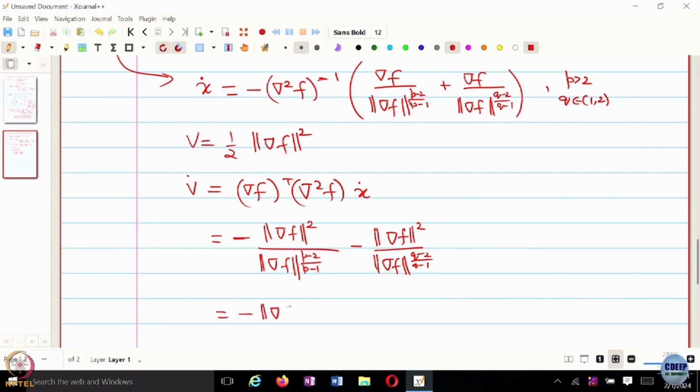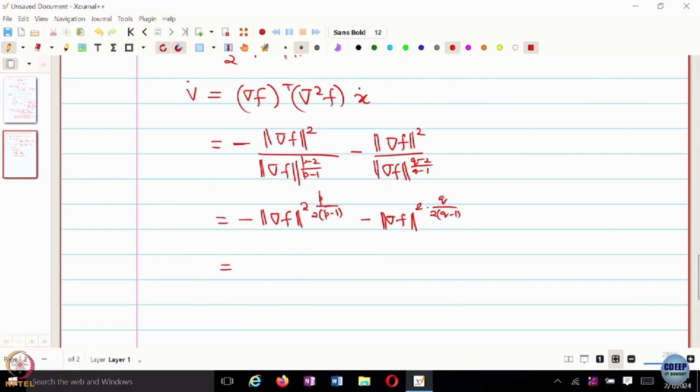So I can rewrite this, exactly the same approach, and similarly with 2 times q over 2q, and this is nothing but minus 2V to the p over 2p minus 1 minus 2V to the q over 2.